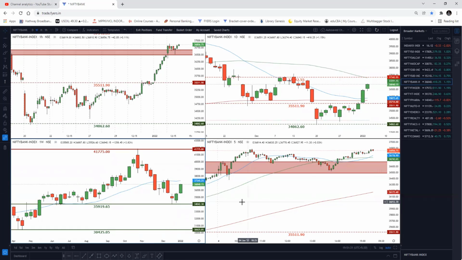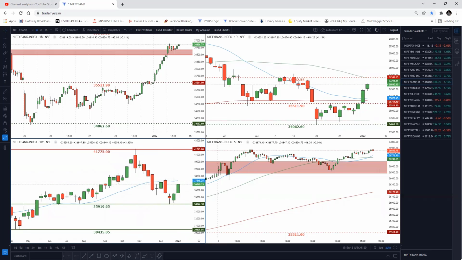So in this time frame, in Bank Nifty, prices look like they are quite far from the next level of resistance. So this means that it has even further upside room to go.